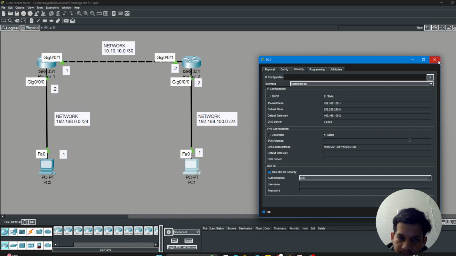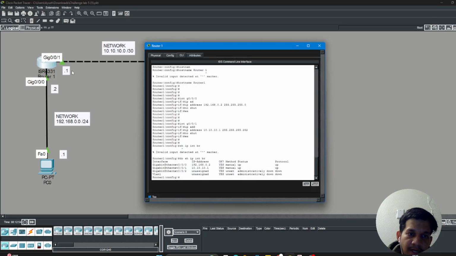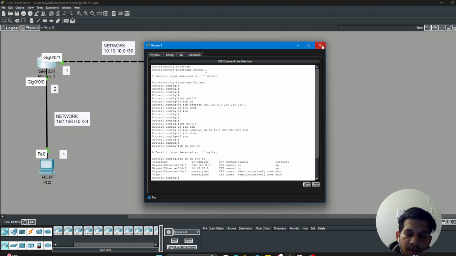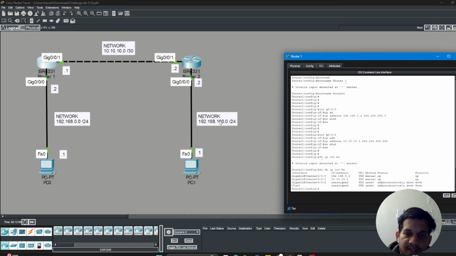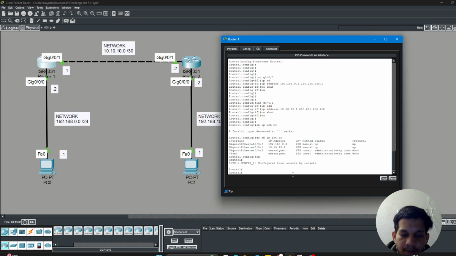Now when PC0 pings PC1, the router for now has no idea how to route to the 192.168.100.0 network. Let's check the routing table with show ip route.